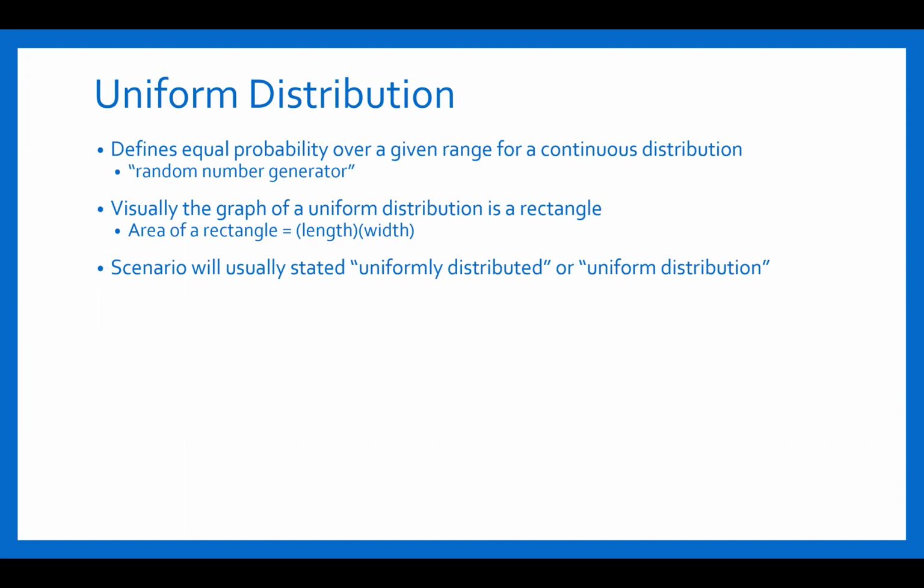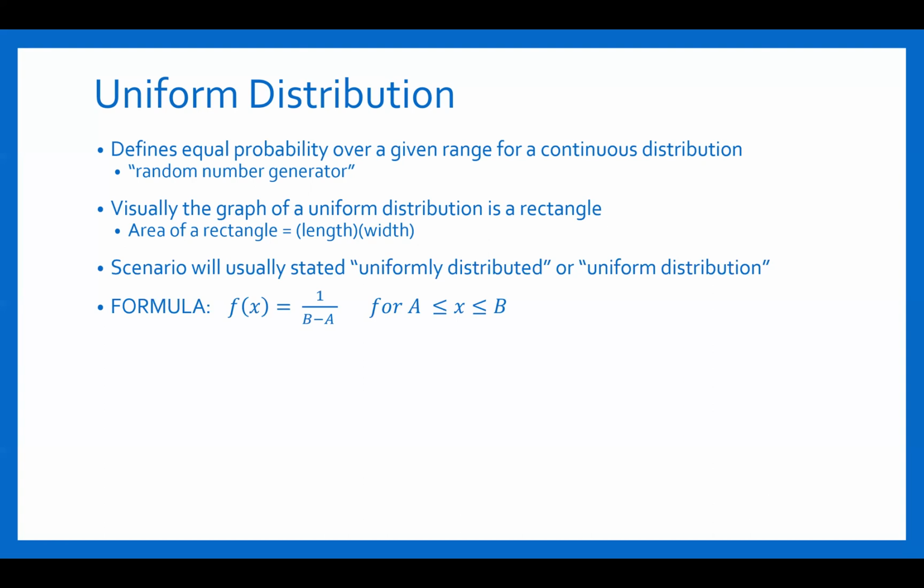Usually the scenarios that you're given, when you're trying to decide whether it is binomial, uniform, or exponential, will say something like uniformly distributed, or it follows a uniform distribution. So usually there's no doubt that you have a uniform distribution.